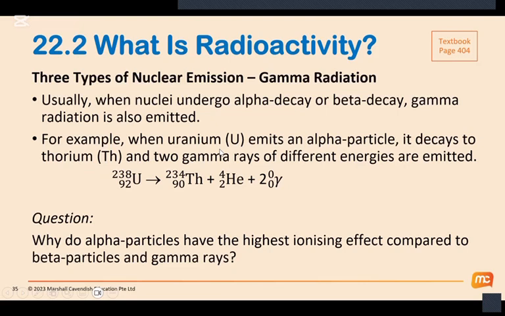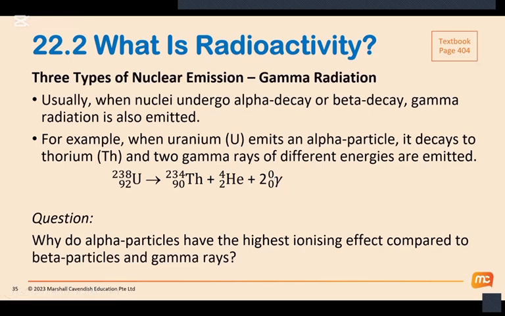So for example, uranium emits an alpha particle and then becomes thorium, and two gamma rays of different energies are also emitted at the same time. So uranium comes out with alpha, comes out with gamma. So uranium is 92 and 238. It becomes thorium. It emits an alpha particle, so I have a helium nucleus here, 2 4, and gamma ray, 0 0.